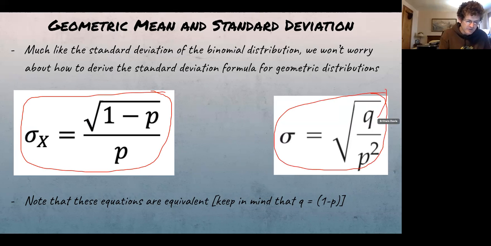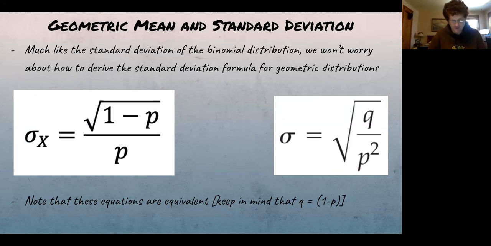They introduce another variable called q, which is just the probability of failure, but I will always write it like this because that's how you'll see it on the AP test. They are equivalent, so if you like one and you really want to use it, there's nothing wrong with that.